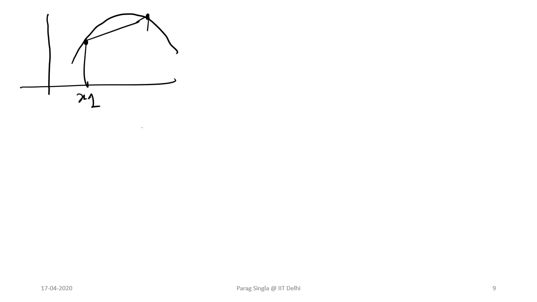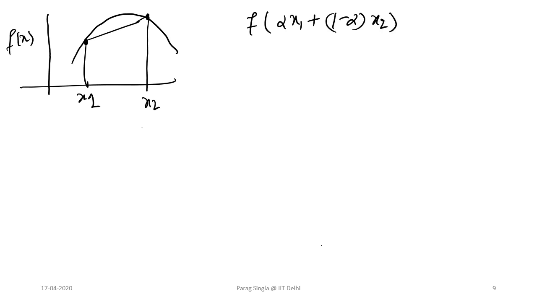So let me quickly state the previous inequality in the context of concave functions, which is what we will use. This is x1, this is x2, and this is f of x. For concave functions, we have f of alpha x1 plus 1 minus alpha x2 is now greater than or equal to alpha f of x1 plus 1 minus alpha f of x2; the function lies above the line joining any 2 points.